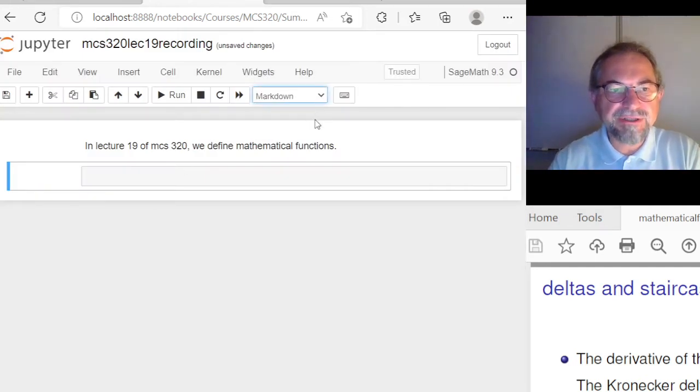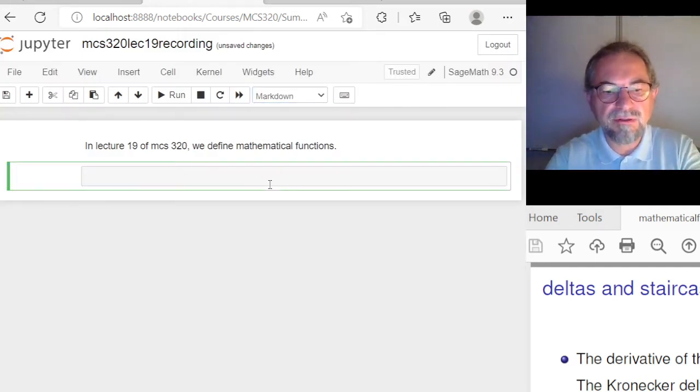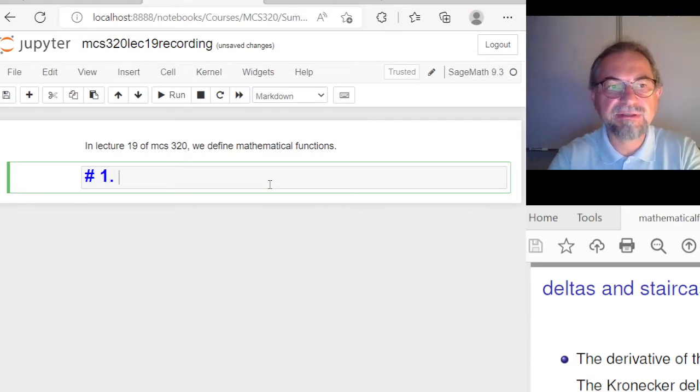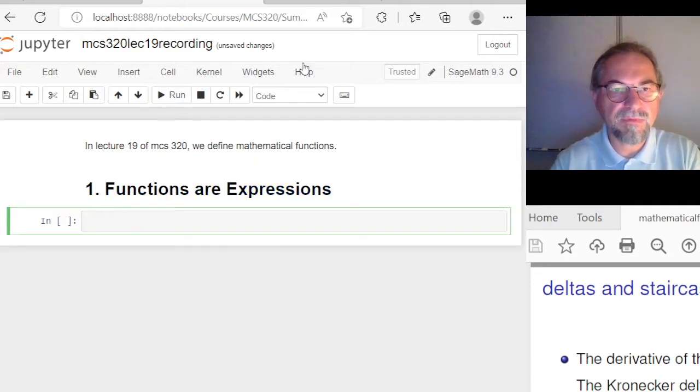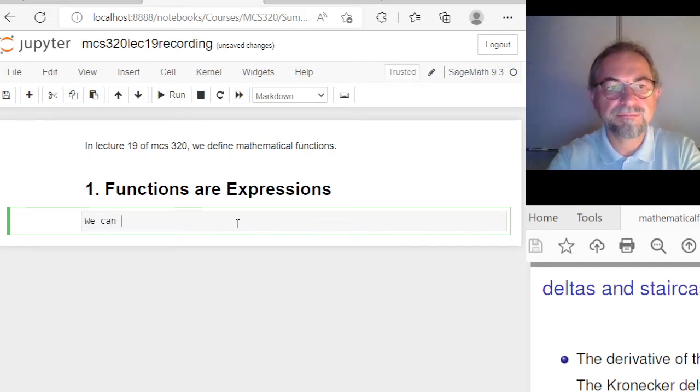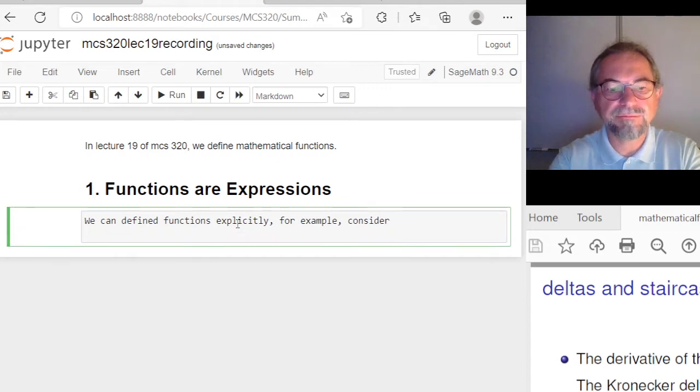So my first section is to illustrate that functions are expressions. There is little difference, but we can define functions explicitly. So for example, consider the following function.